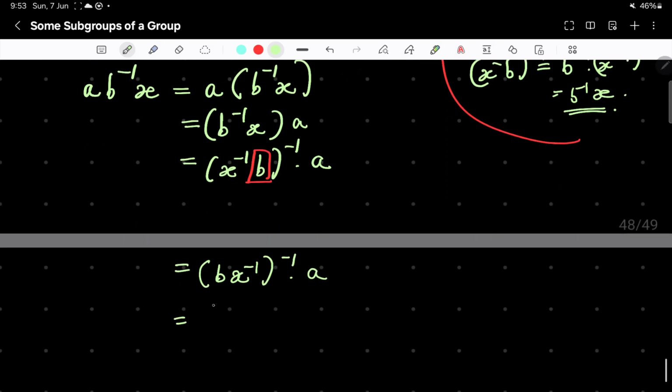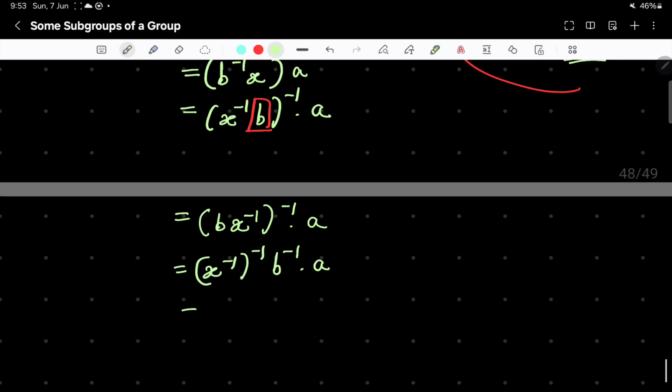Now apply the shoe-sock property. Oppositely it will come as x inverse all inverse B inverse times A. So now it is what? x B inverse A. Now again A commutes with this fellow, so you can write it as A x B inverse.